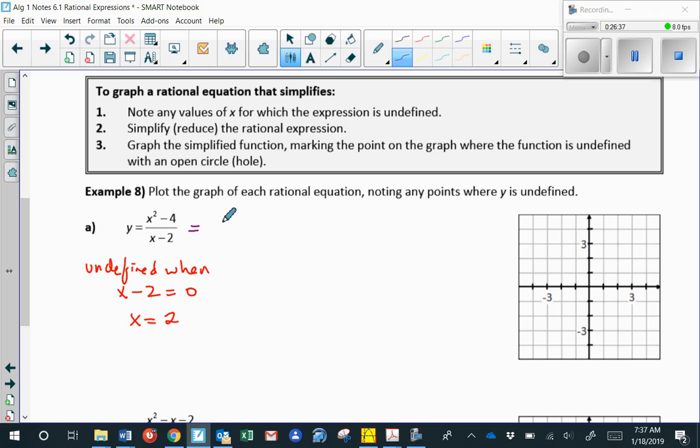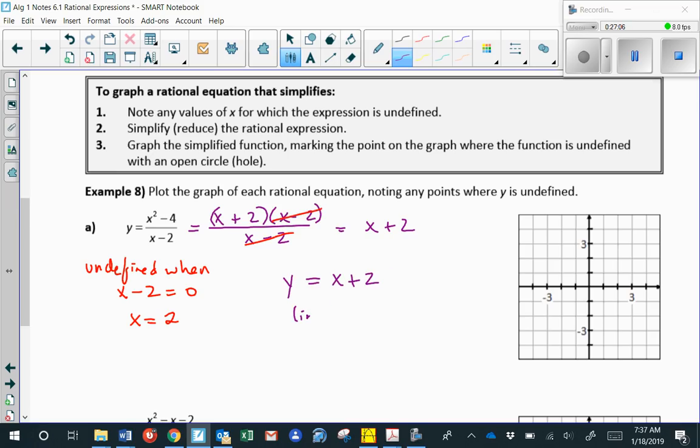So I can rewrite x squared minus 4 as x plus 2 times x minus 2. Cancel common factors, and then rewrite as x plus 2. Well, we know how to graph y equals x plus 2.